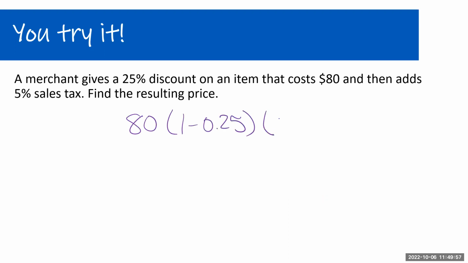But then, unfortunately, you must, oh, I should have written 0 there. You must add another 5%. So this is your discount, this is your tax, and if we work this out, we're going to see that it's going to be around $63. Okay, make sure you can get these. Like I said, I like these on tests.